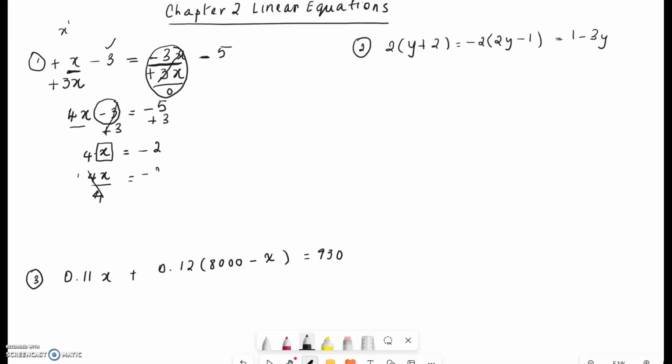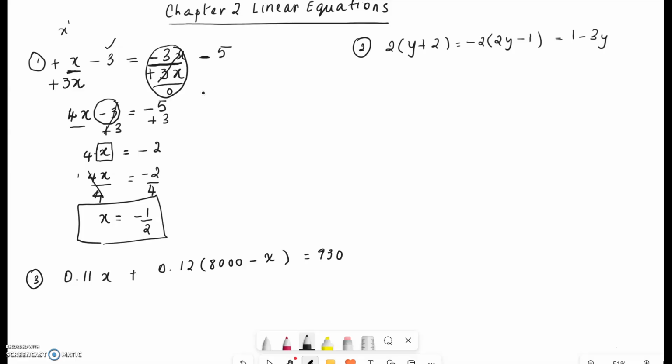But do the exact same thing on the right side. Whatever you do on the left, do the exact same thing on the right. So we have x equals, and when we simplify, we don't need a calculator for this. 2 goes 2 times into 4. So 2 times 1 is 2. 2 times 2 is 4, or use your calculator and get x equals negative half.